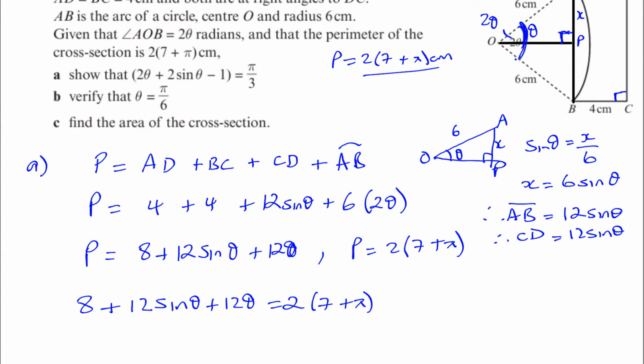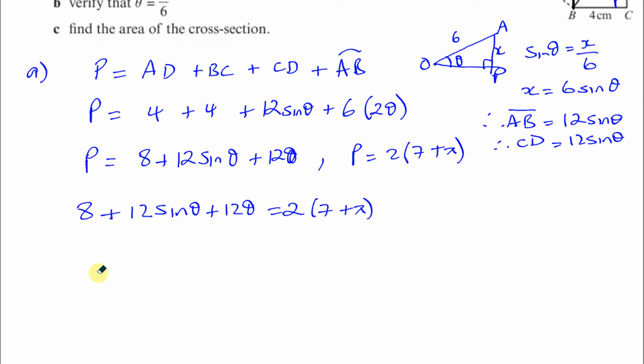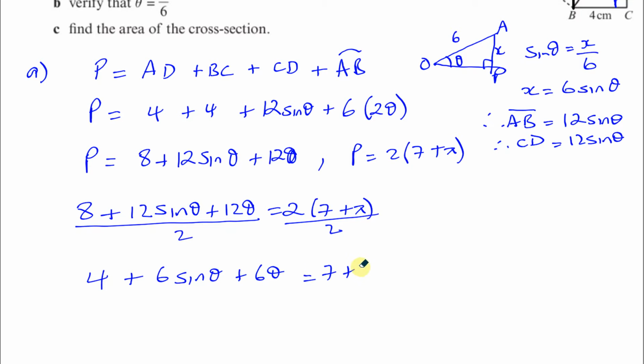Now if I divide both sides by 2, just to get rid of this 2 here, instead of expanding, I can just divide by 2, because the 2 will go. This will give me 4 plus 6 times sine theta plus 6 theta equals 7 plus pi.